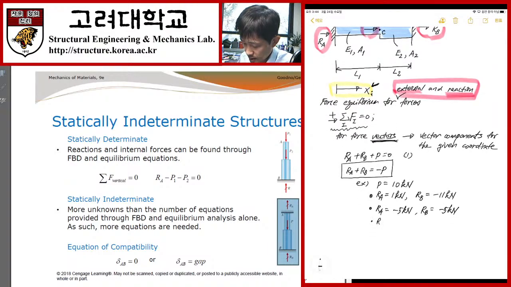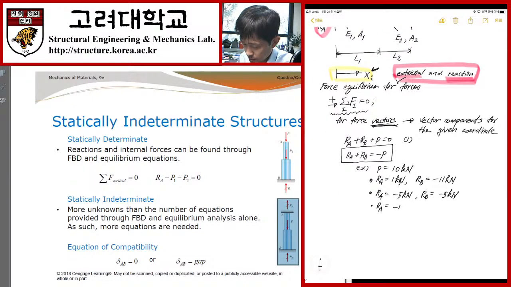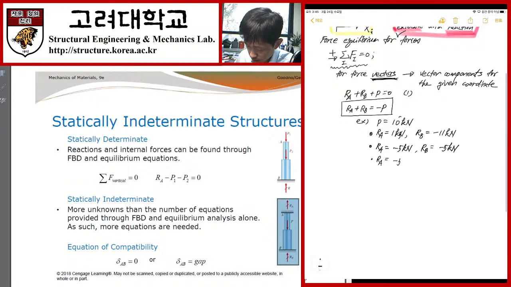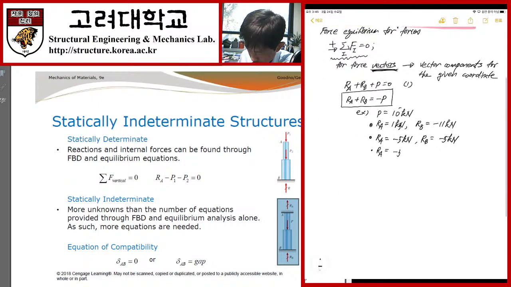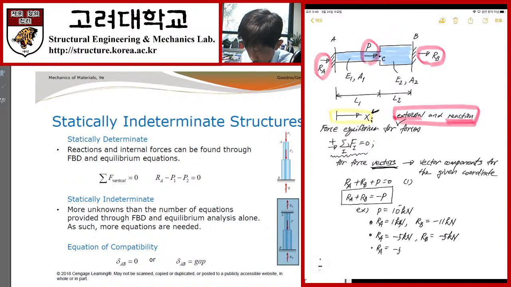However, for another example, RA is equal to minus 5 kilonewton, and RB is, for example, 4 kilonewton. In that case, this one doesn't satisfy the force equilibrium condition given in equation 1. So this one, yes. This one also, yes. Okay.